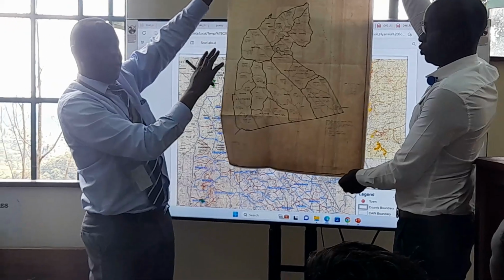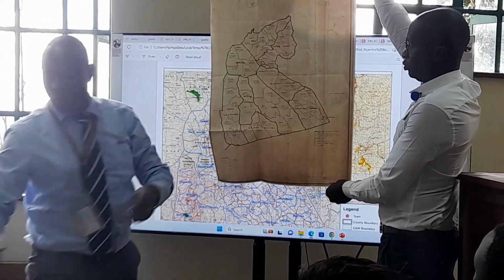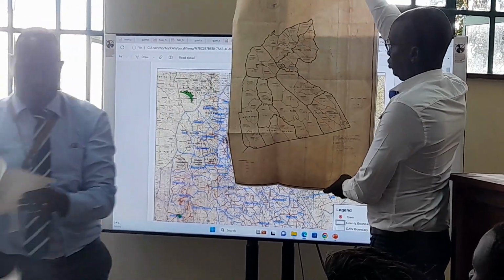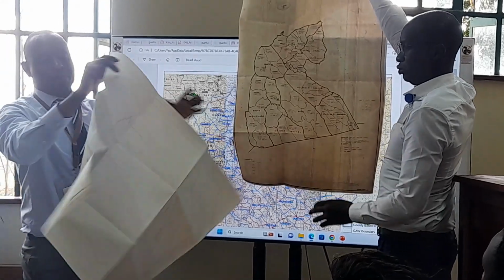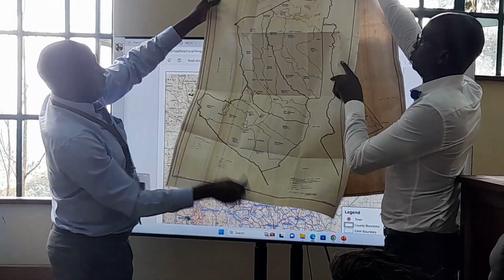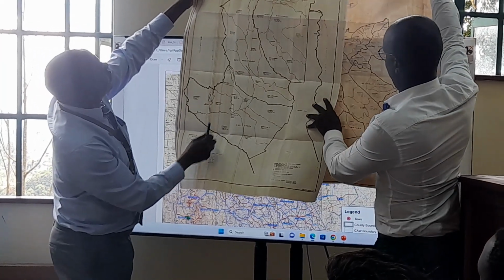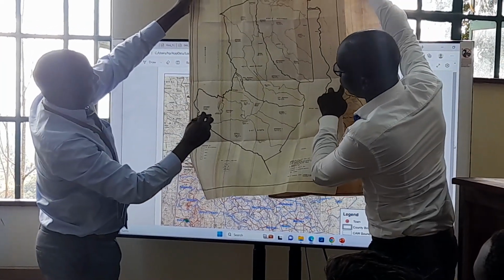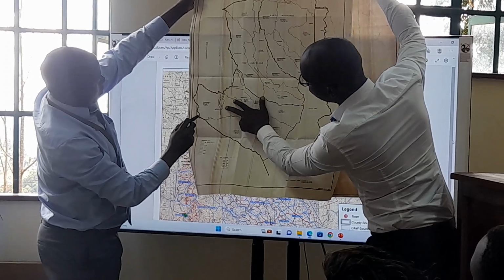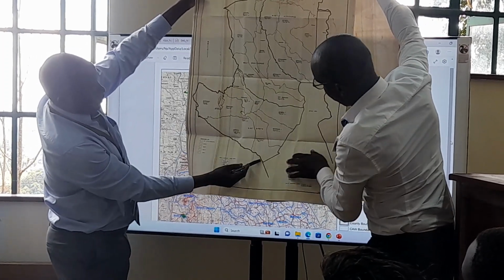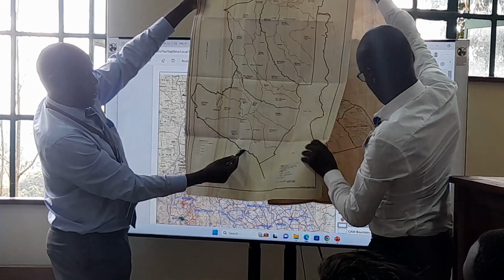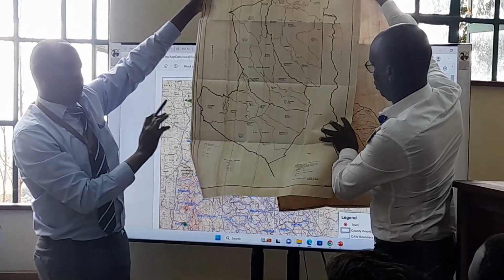So that's Kisii, and then we have Nyamira. The same areas, we have the Nyamira district map, where the area of interest is here. Those are the 2 maps for Kisii and Nyamira.